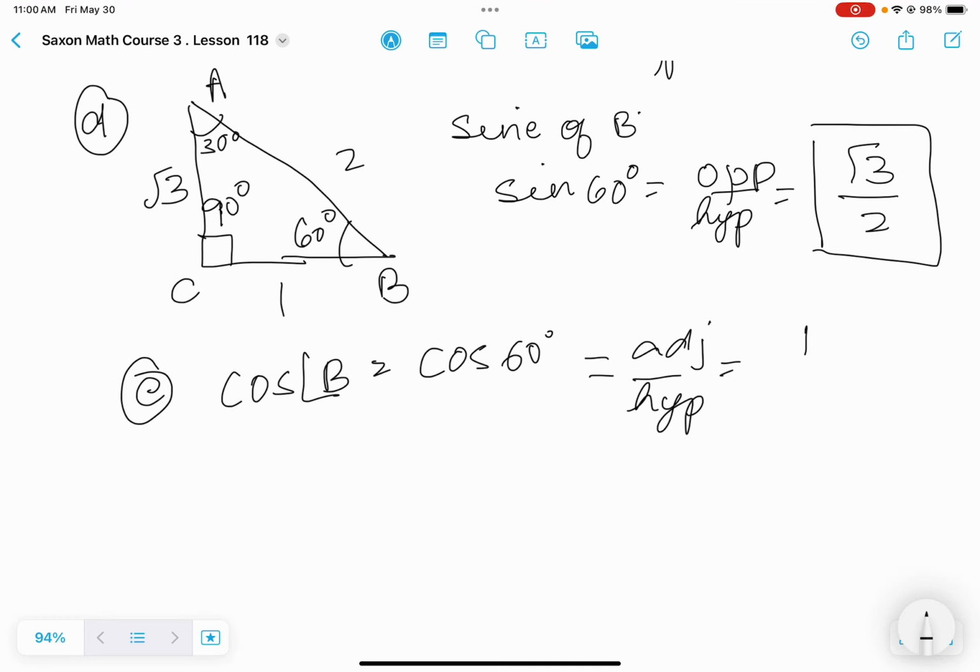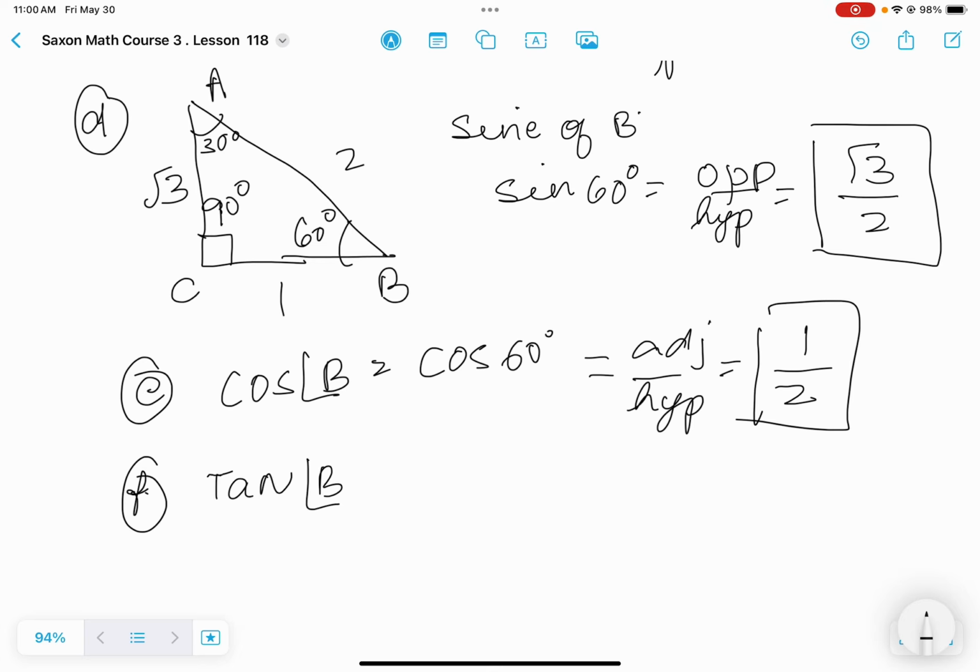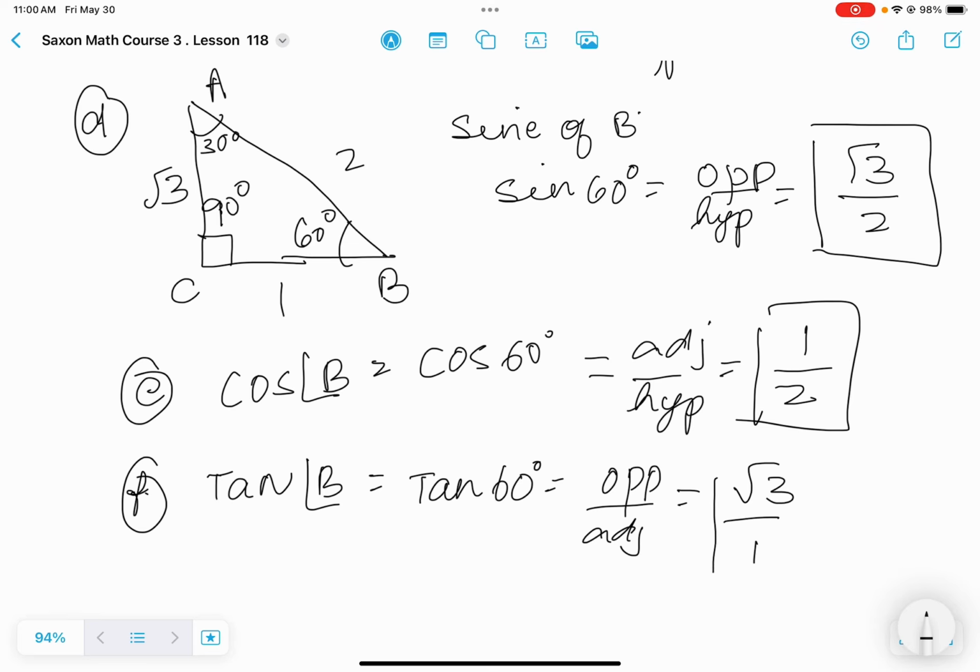Adjacent is 1 and hypotenuse is 2. So your cos is 1 by 2. Okay, F. We're asked to find tan of angle B, which is tan of 60 degrees. Tan is opposite by adjacent. Opposite is root 3 and adjacent is 1. That's your F.